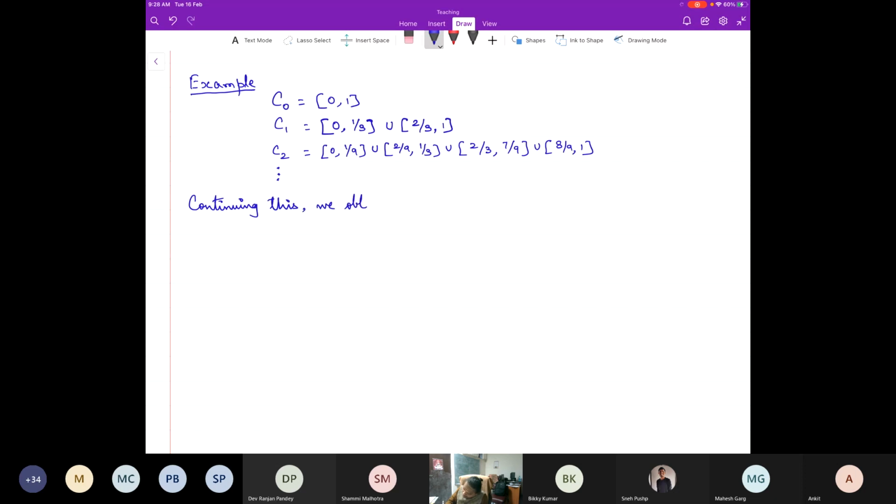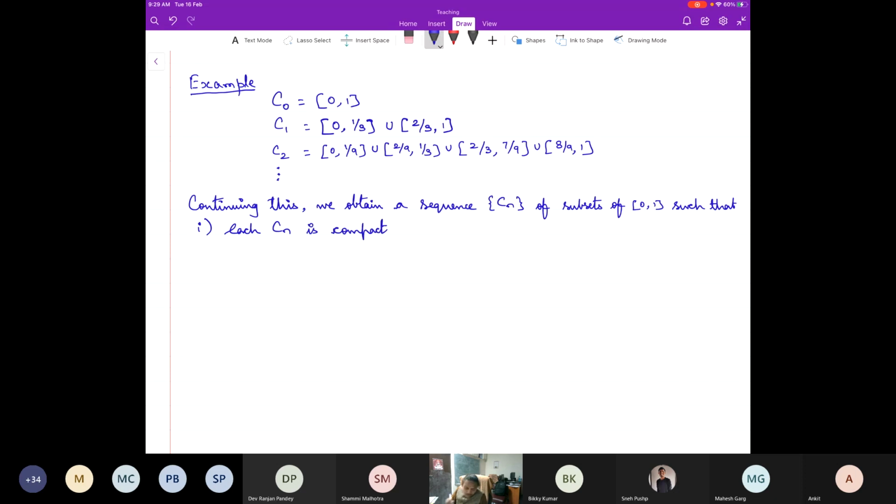We obtain a sequence Cn of subsets of 0, 1 such that, first, each Cn is compact.